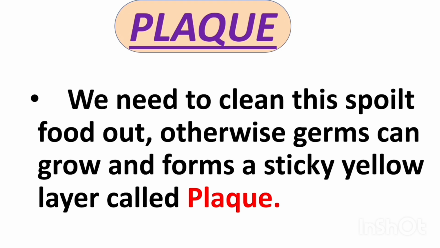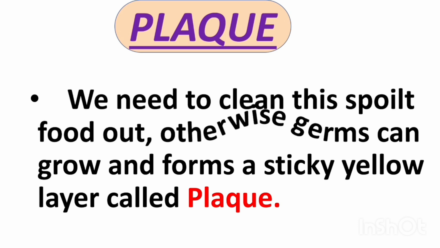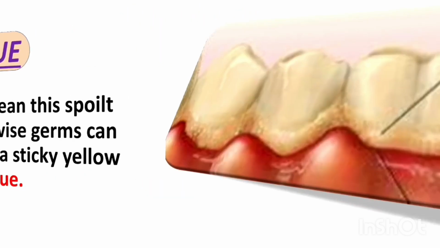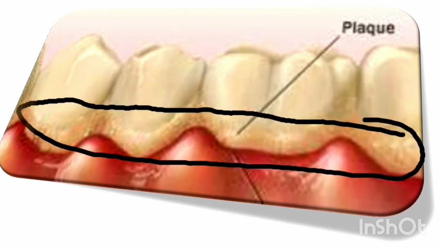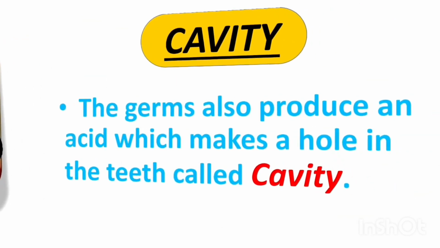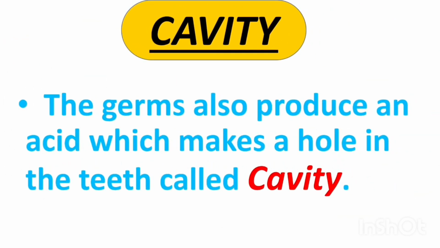We need to clean this spoiled food out, otherwise germs can grow and form a sticky yellow layer called plaque. Now see in this picture, can you see the yellow layer? This is known as plaque. And plaque is the first sign that the tooth has started to decay.